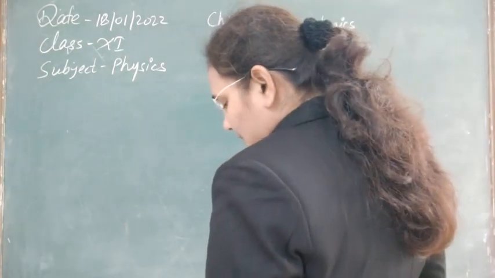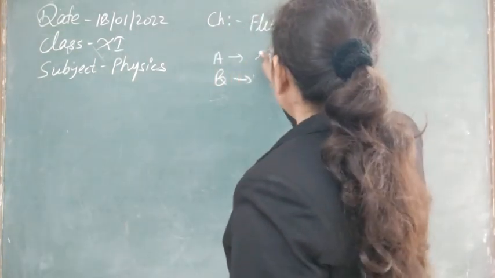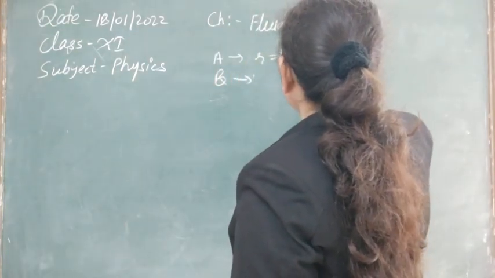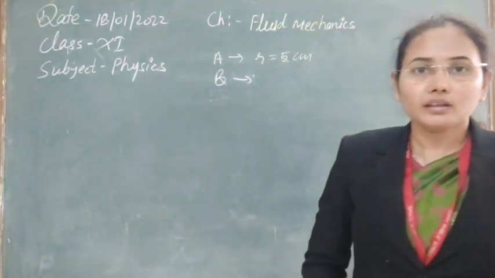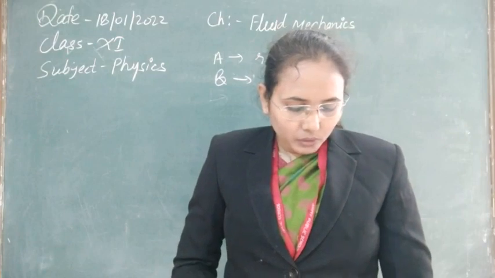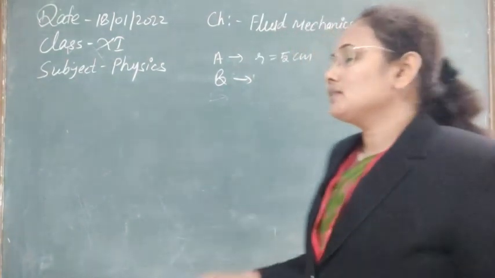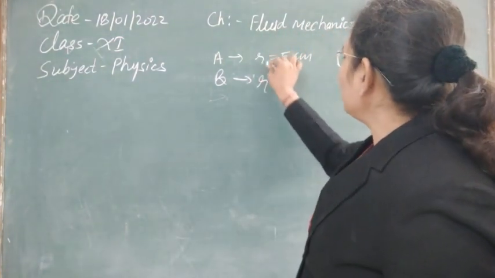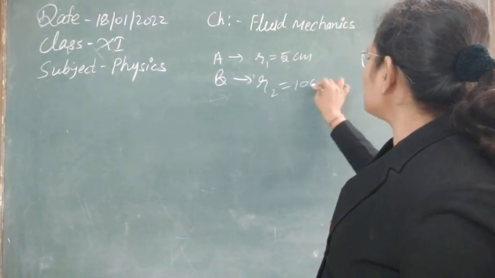So for the smaller piston, the radius R is given as 5 centimeter. Next, this pressure is transmitted to a second piston of radius 10 centimeter.